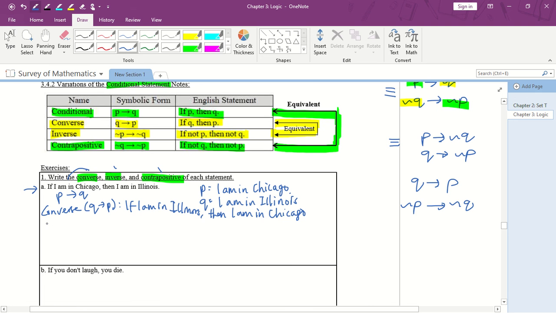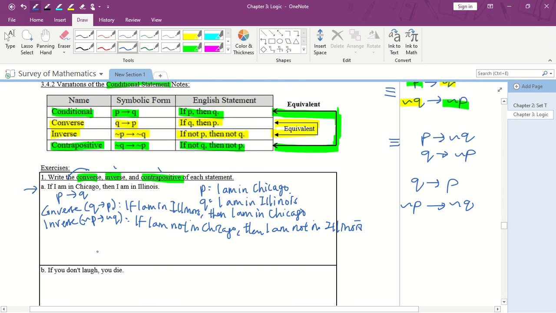Then if you want to write the inverse form, it will be negation P to negation Q. So it will be, if I am not in Chicago, then I am not in Illinois.